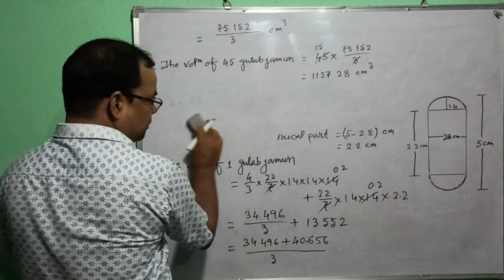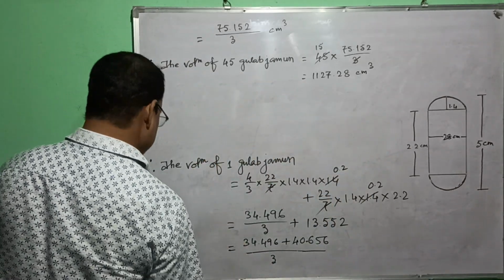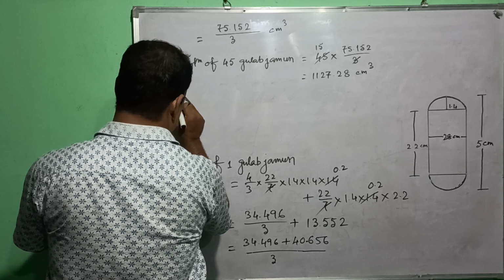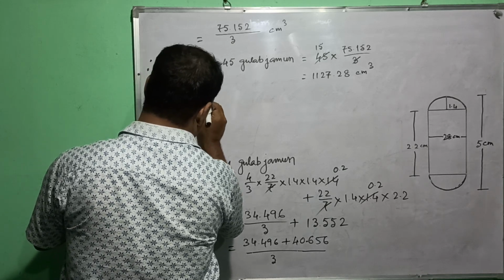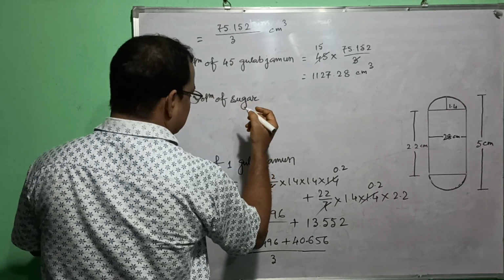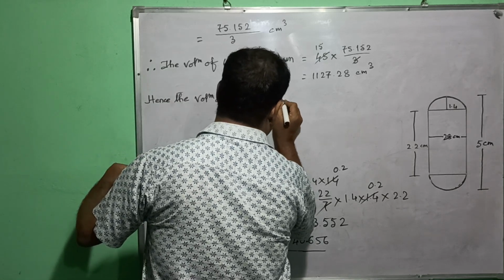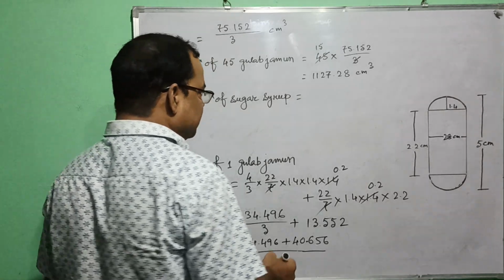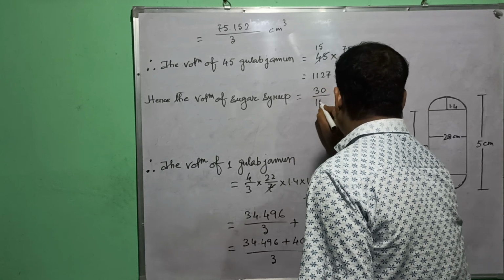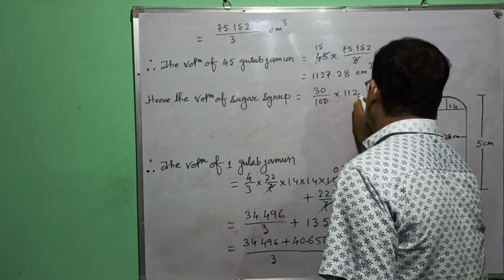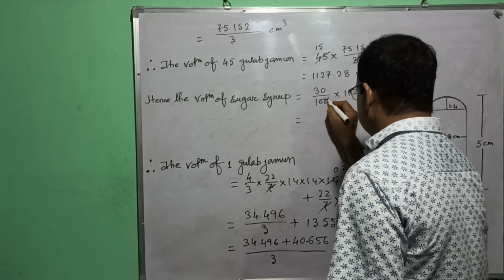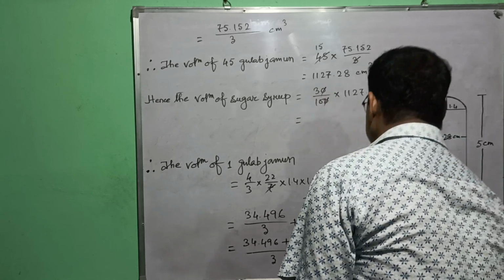Now we will find the volume of sugar syrup. Hence we can write hence the volume of sugar syrup equal, as it is given 30%, so we'll write here 30 by 100 into 1127.28 equal, so 0 0 cancel, just we have to multiply it by 3.